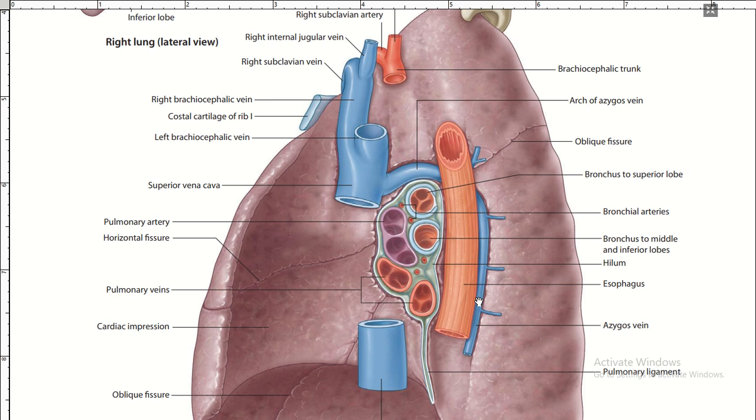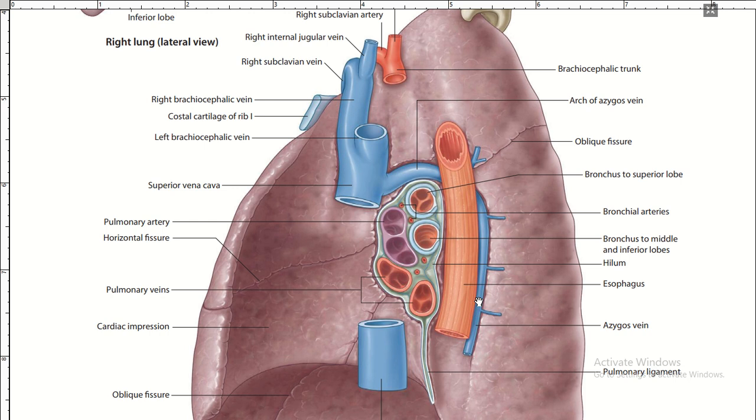Your pulmonary arteries will form capillaries that will form the blood air barrier, and that's where gaseous exchange is going to take place. Carbon dioxide leaving, oxygen being absorbed into the blood, crossing the blood air barrier.